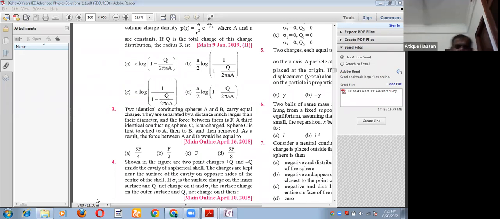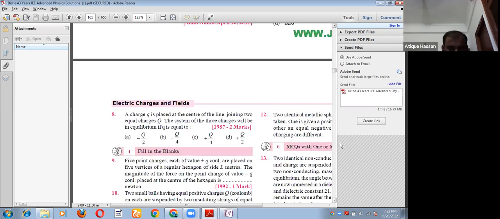Have you got it? How we got 3F by 8? Such a question can be asked in NEET also. It's not much tough; we only have to see the redistribution of charge. The second question may not be asked in NEET, but this third question can be asked in NEET.